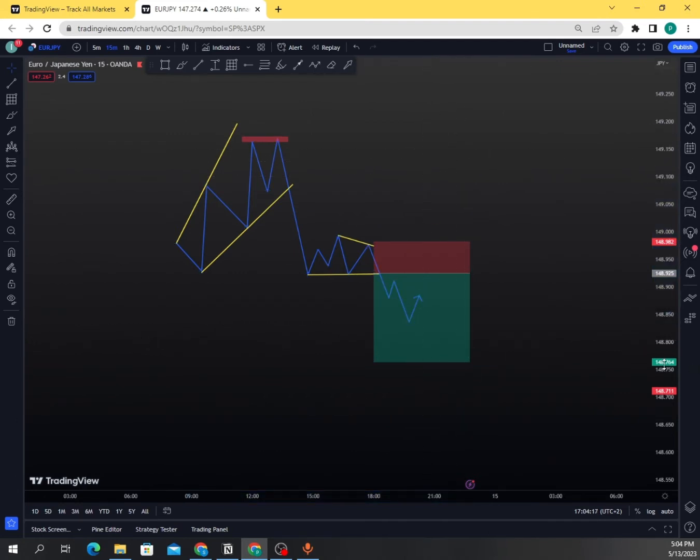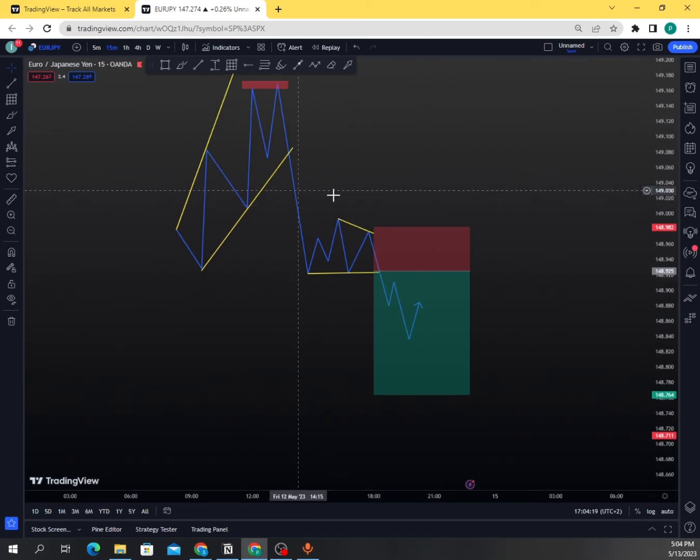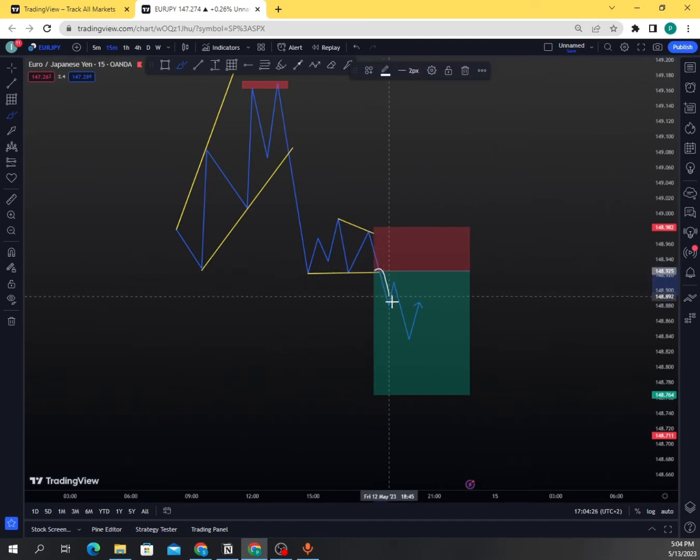So how do I manage this trade? When price impulses away from my entry, what I do is wait for price to create a new high and a new low. In this case, it's my lower low and my lower high.